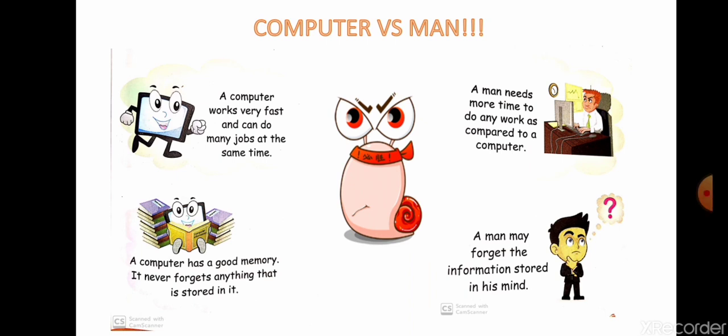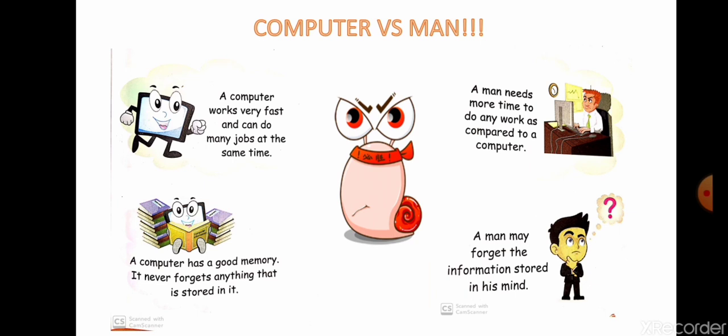The computer is very fast and it can do many jobs at the same time and at a very good speed. But a man needs more time to do any work when compared to a computer. The computer has a very good memory. It cannot forget things. It has things stored in it.